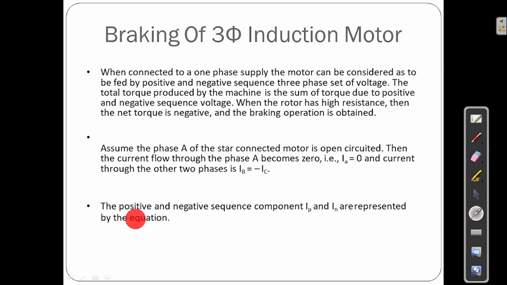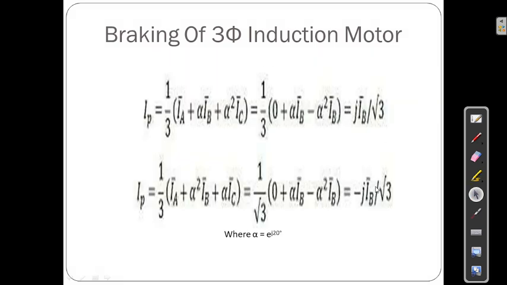Then the positive and negative sequence components I_P and I_N are represented by the equation I_P equal to 1 by 3 into (I_A bar plus alpha I_B bar plus alpha squared I_C bar), which is equal to 1 by 3 (alpha I bar B minus alpha squared I bar B), which is equal to j I bar B divided by root 3.